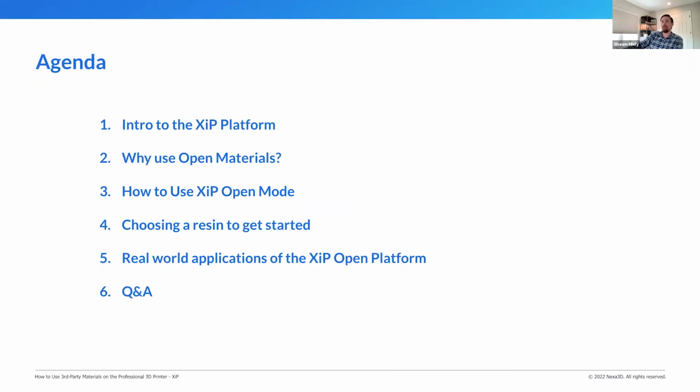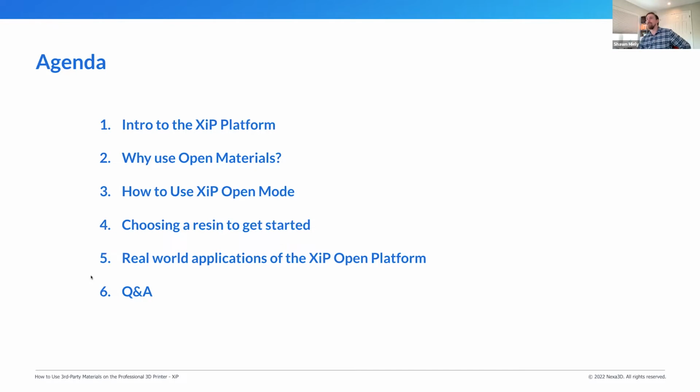So all right, what are we talking about today? You already know what the topic is because you joined the webinar for that. But here's the agenda. I'm going to give a quick intro to the XiP platform for those who haven't seen that. Maybe some of you already have XiP, but I'd be curious to know that for sure.